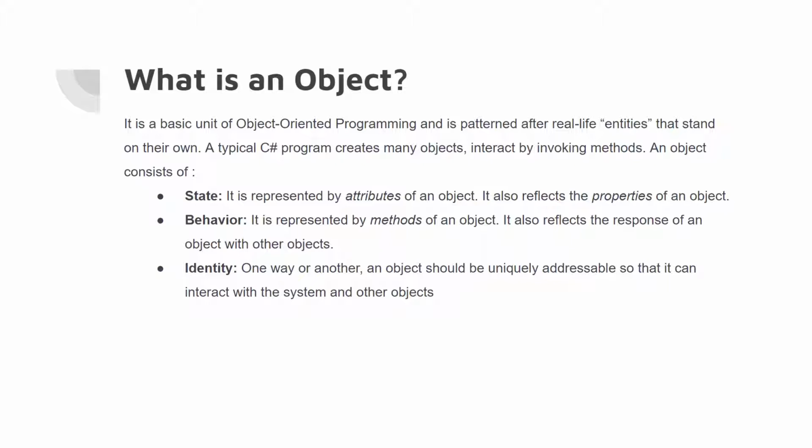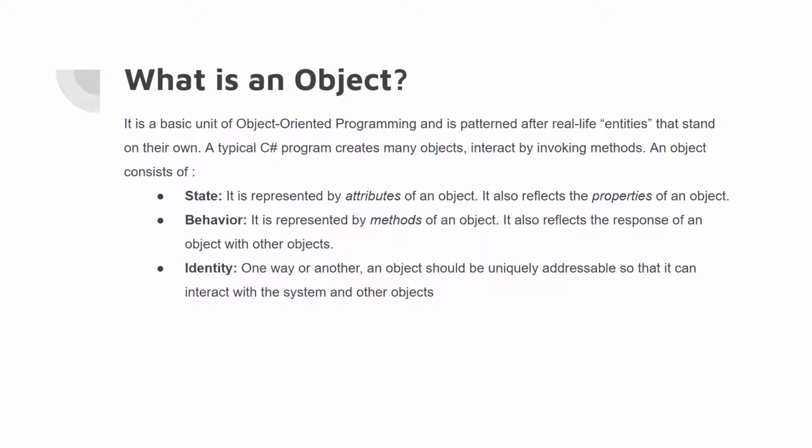It may be using some internal structures to present that. It has behavior, and behavior is presented by the methods of an object. These are the things that allow it to do stuff, and reflect the response of an object with other objects. And an important thing is that objects have to have an identity.